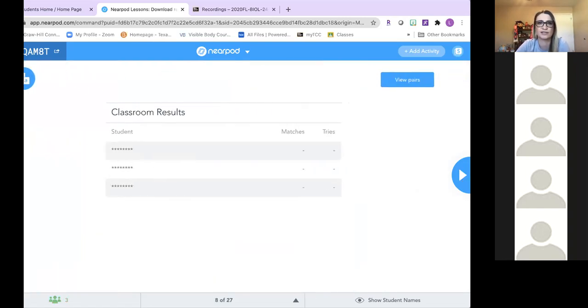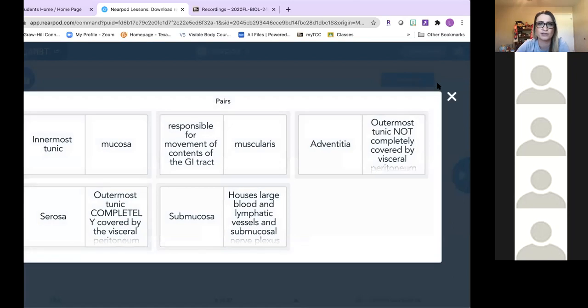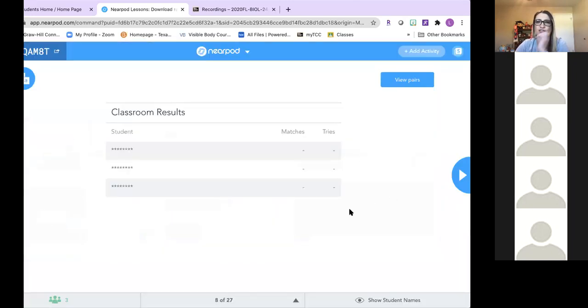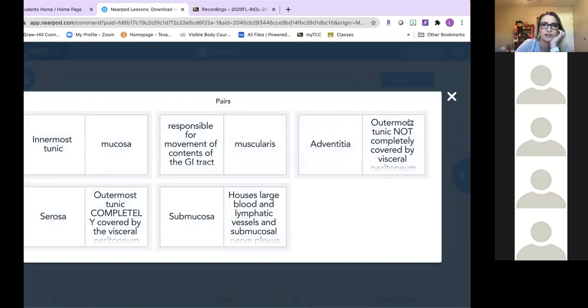Okay, let's see if we can do this. Let me see what the pairs are. Okay, yeah. So try to match these. Now, what is what? And I guess we can look at our pairs here.